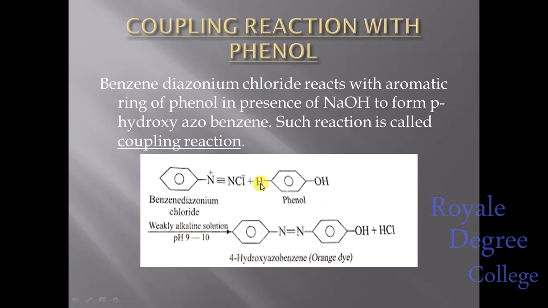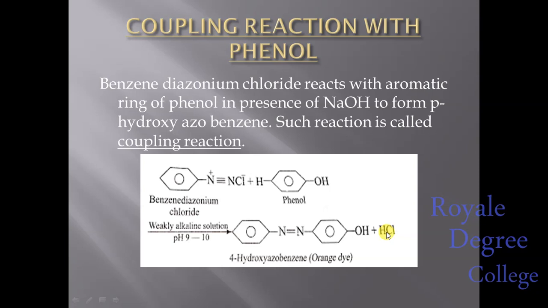Then what will happen when the reaction between benzene diazonium chloride and phenol takes place? This reaction is taking place in weakly alkaline solution, that is pH range 9 to 10. Then what will happen here? This Cl of benzene diazonium chloride is coming out, reacting with hydrogen of phenol, and we are getting the side product HCl.